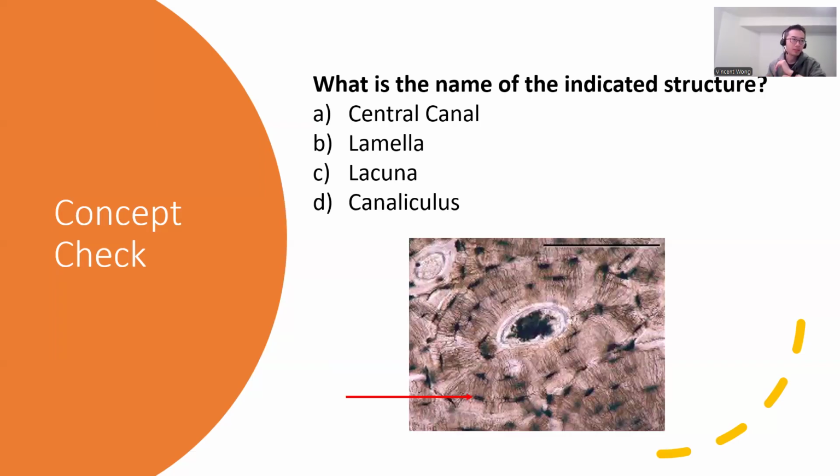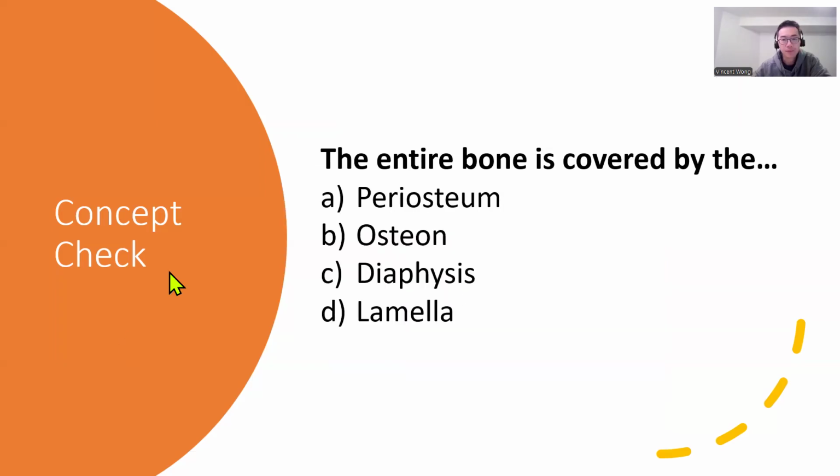Anyone else? Come on, you wrote this down, right? You drew the picture, right? That's good. I mean, I didn't get all the answers, but everybody who answered got it right. The correct answer is the lacuna. Okay, lacuna. Very good. Moving on.